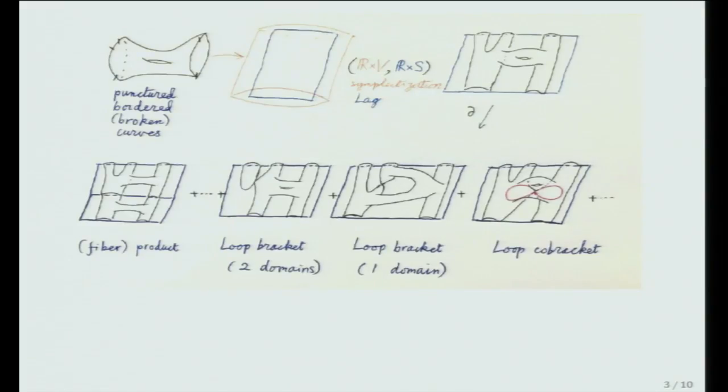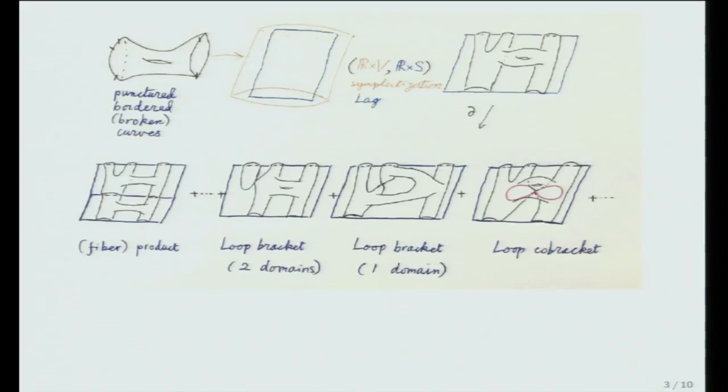We draw the picture of this curve inside, and near the punctures it asymptotically converges to the periodic orbits or Reeb chords. On the boundary, it lies in this Lagrangian R cross S.